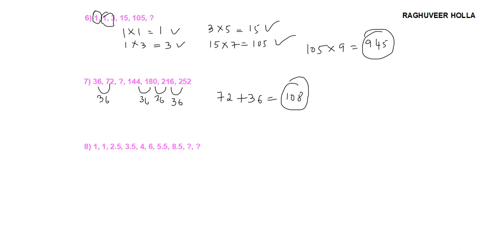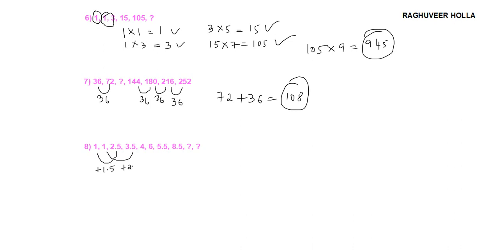Now let us look at the next problem here, which we have as 1, 1 and 2.5, 3.5 and so on. So there are two interwoven sequences here. When this is the first sequence, if I consider, the difference is 1.5, and you have another sequence here where the difference is 2.5.